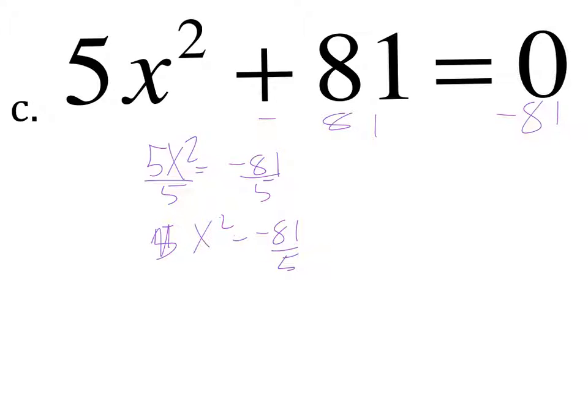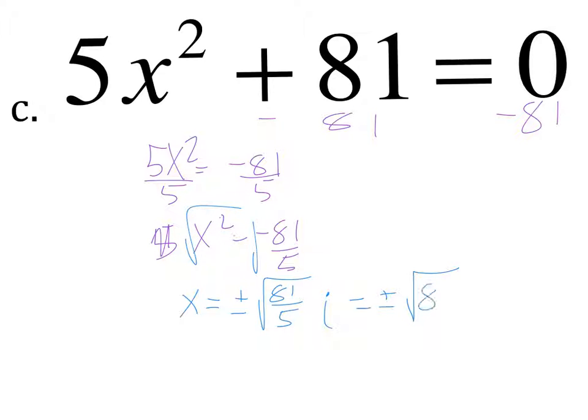I'm going to take the square root of both sides. We get x is equal to plus or minus the square root of 81 over 5, times i. I'm going to simplify this a little bit. Plus or minus the square root of 81 over the square root of 5, times i, which is plus or minus 9 over the square root of 5, times i.